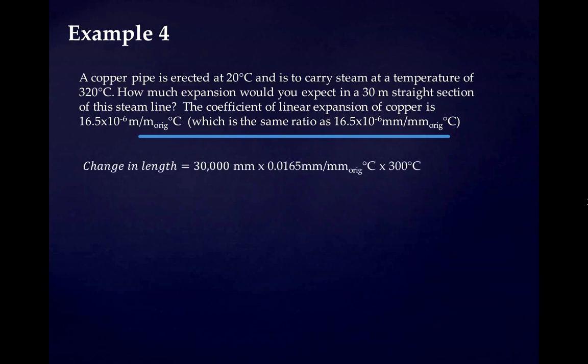Change in length is equal to 30,000 millimeters times 0.0165 millimeters per original millimeter per degree Celsius times 300 degrees Celsius. This gives us a total linear expansion of the pipe of 148.5 millimeters.